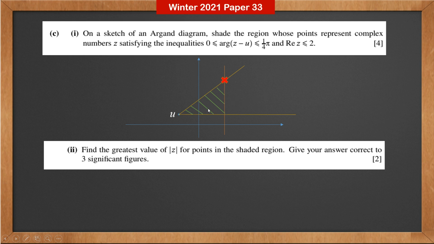In order to find z, we need to find its x and y, or real part and imaginary part. The real part is easy. The real part is 2. And the imaginary part, we know this is 1, right?